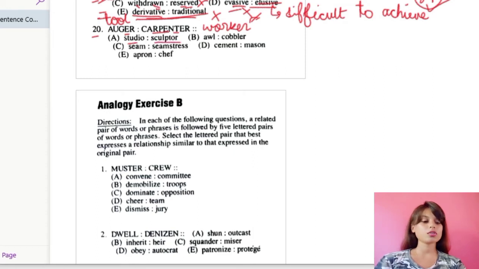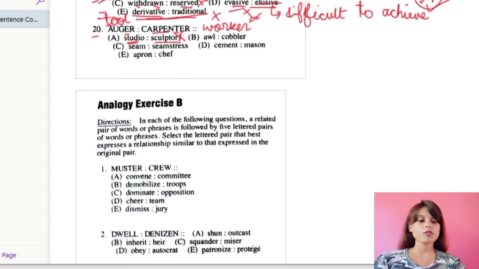Studio means a workshop where you work and keep your work instruments, and sculptor means an artist who sculpts a statue or anything. So this one won't go, because if I put studio and tool, it's not going. Studio means a workshop and tool means an instrument, so it won't go.